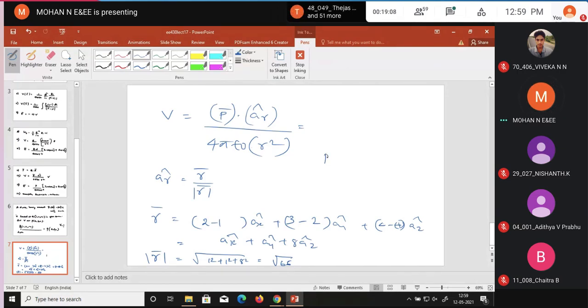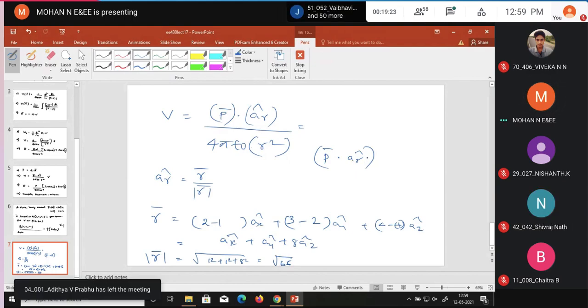You have to find first P vector dot a_r vector, the unit vector along the direction of r.